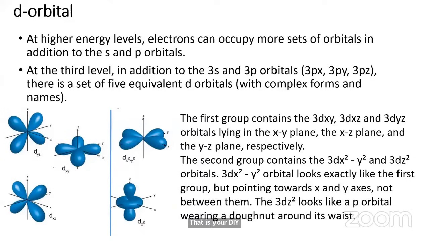The second category under the d orbital is the dx squared minus y squared and the dz squared. These ones are pointing towards the x and y axes, and so we have them classified together as a group. That is what makes up the 5 degenerate orbitals.